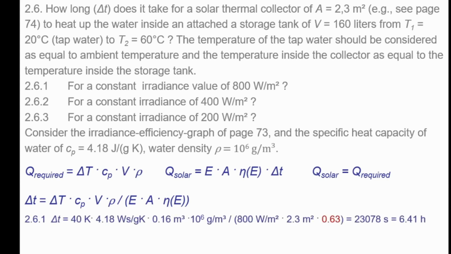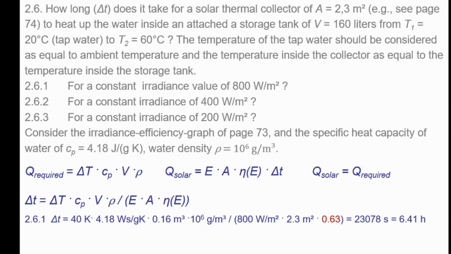And if you put in the numbers, so we have here chapter 261, we have a temperature difference of 40 Kelvin and a thermal capacity of 4.18 joule, which can also be translated into watt seconds per gram Kelvin. We have the water density and the tank size. Yes, it's 160 liters. That is equal to 0.16 cubic meter.